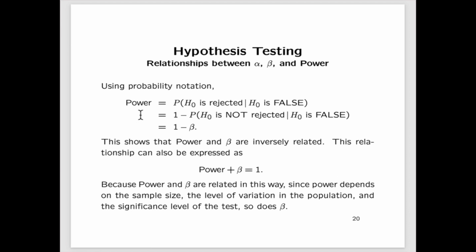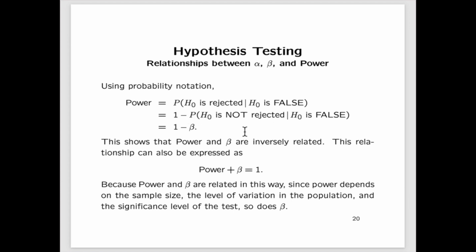Again, the definition of power is that it's the conditional probability that the null hypothesis is rejected when in fact the null hypothesis is false and should be rejected. That is, by the complement rule, equal to 1 minus the conditional probability that the null hypothesis is not rejected when in fact the null hypothesis is false and should be rejected.